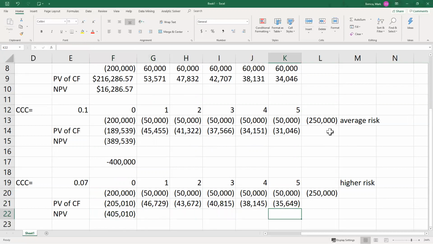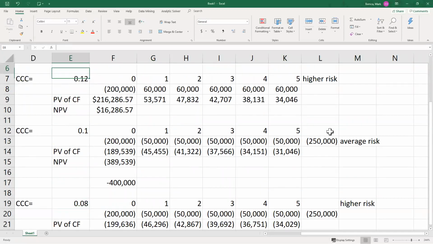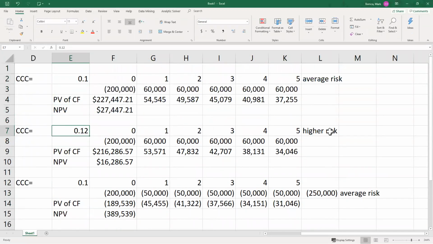So the key difference here is when you have a future cost and it is a higher risk cash flow, meaning probably it's less certain, then you would reduce the corporate cost of capital to represent higher risk rather than increase the corporate cost of capital to represent higher risk.